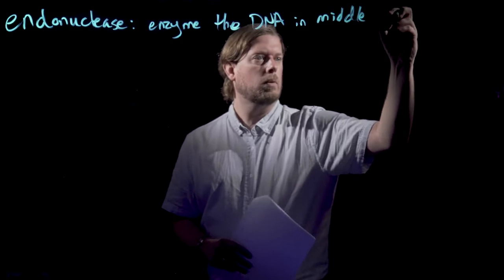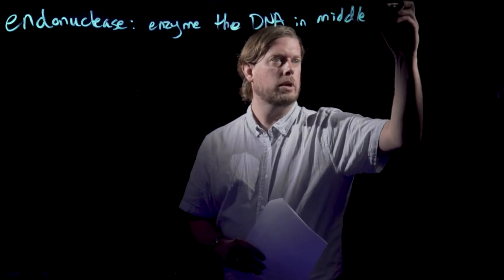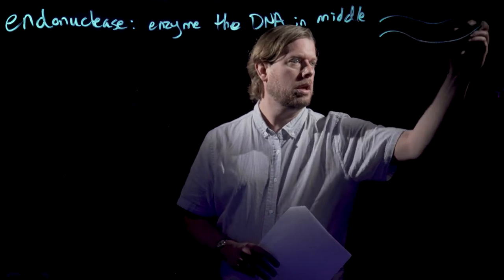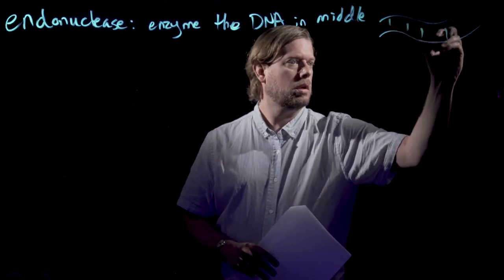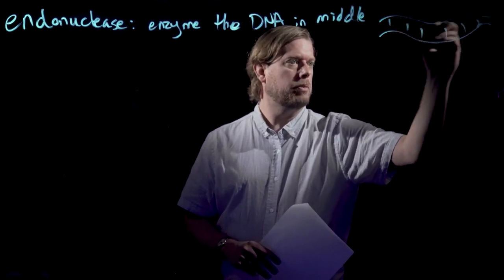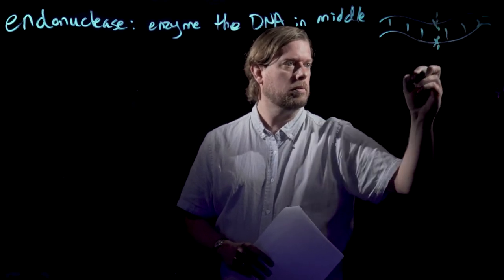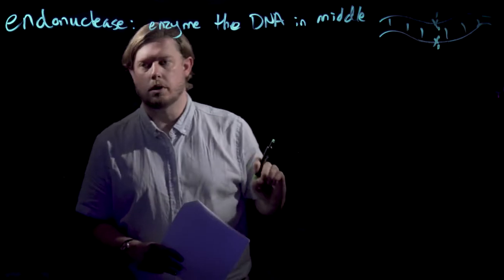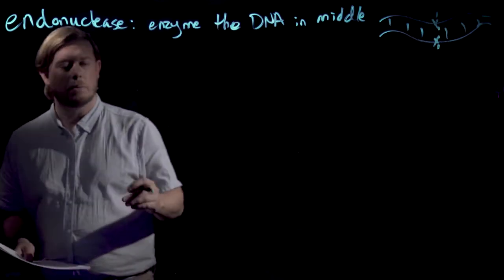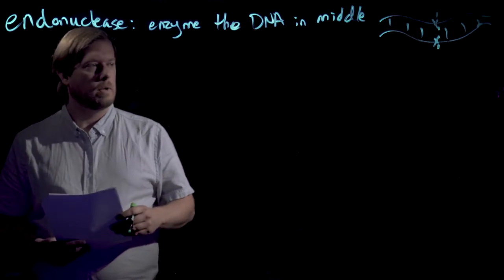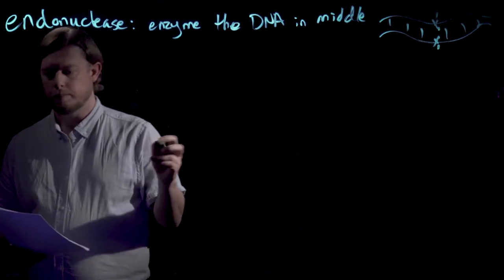And for the most part, the endonucleases that we're going to see, if we have a double-stranded sequence of DNA, are introducing double-stranded breaks. So they're going to clip all the way through in order to introduce a break in DNA that's going to be responsible for the repair machinery introducing the transgene of interest.